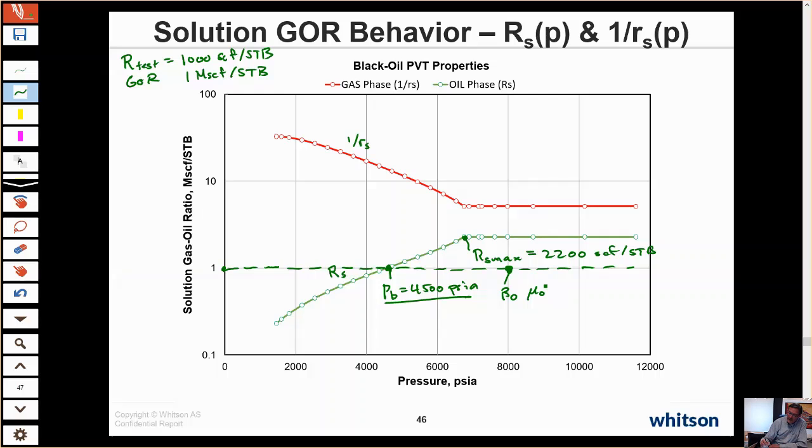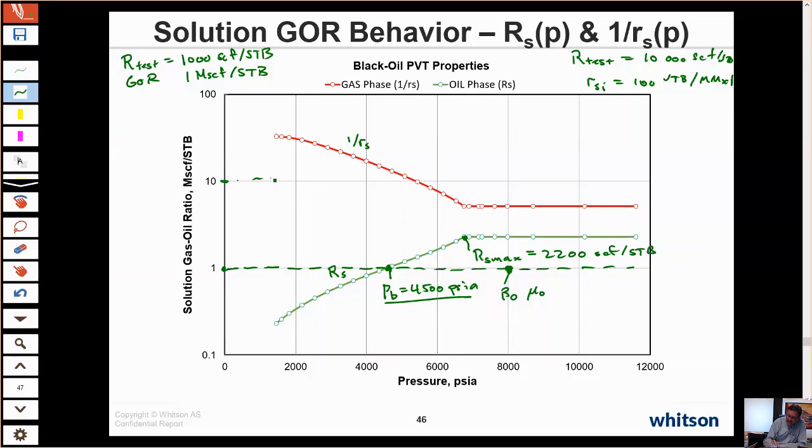If instead we've got a gas condensate, our test is 10,000 standard cubic feet per stock tank barrel. Okay, that's a little r of 100 stock tank barrels per million standard cubic feet. That's right here.